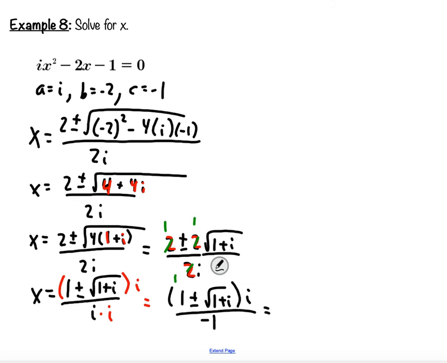And so negative up or a negative down doesn't really matter there, so let's just bring it up. So I just brought the negative up; dividing by a negative 1 is the same thing as multiplying by a negative i there. So since you've got the negative, the i was here, i divided by negative 1 there is just a negative i. So that's why now I just put it out in front. And then I left that 1 plus or minus the square root of 1 plus i in the parentheses.